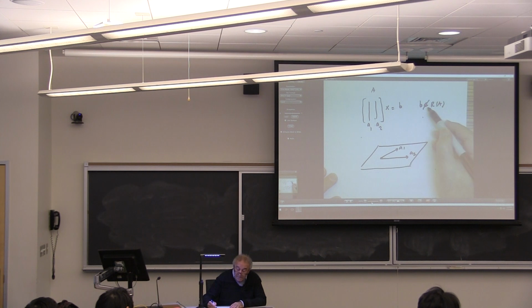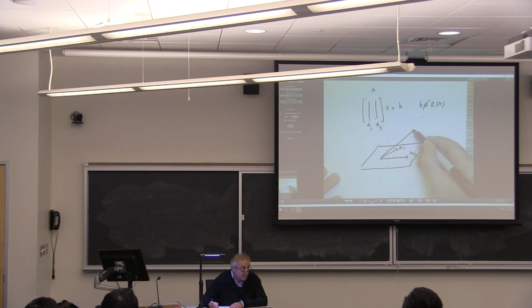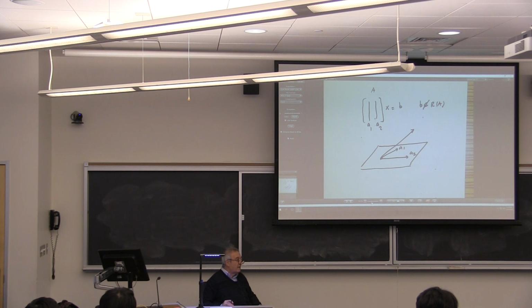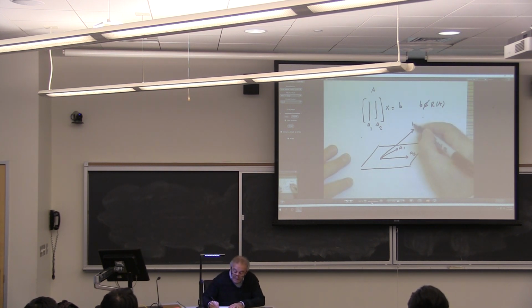Now, when I say B is not an element of the range space of A, that means the vector B is outside of this plane. It's not lying in that plane, because if it was in that plane, B would have been an element of the range space of A. That means you could generate a linear combination of that vector in terms of A1 and A2, right? But this is outside, so B is not an element of the range space of A.